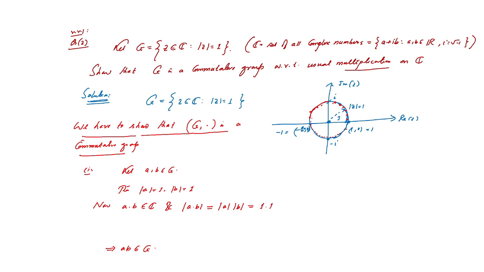So that will be 1 times 1, which is 1. So AB belongs to G.